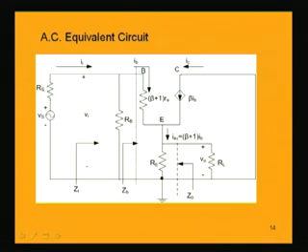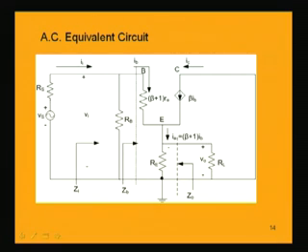Now we understand why this is called common collector. If we look into the input and output circuits, the input circuit is between the base and this point, which is nothing but the collector point. The collector point is directly grounded. So the input circuit is between base and ground, where the collector is grounded, and for the output circuit we get the voltage across the resistance Re connected to the emitter.